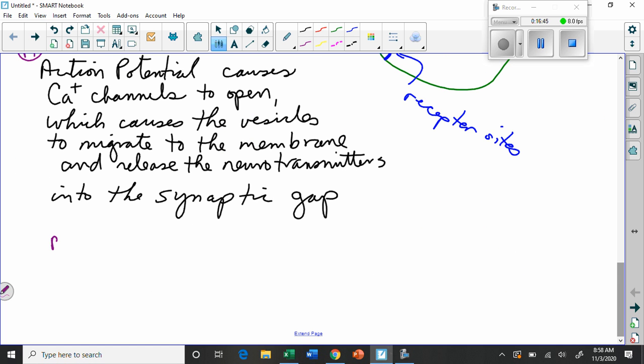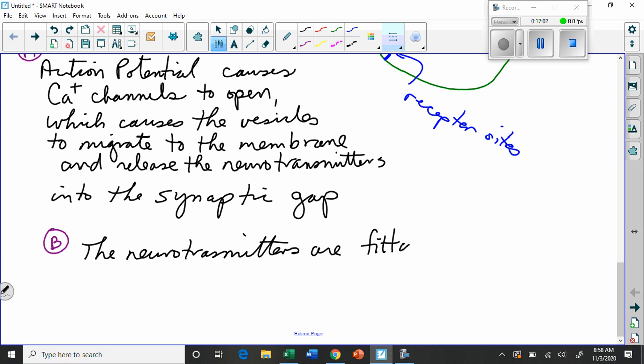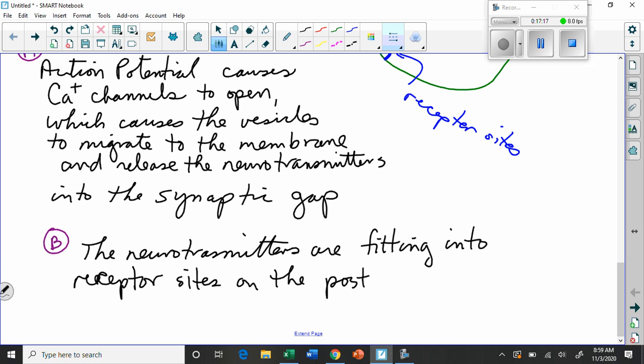So what's happening in B, the neurotransmitters are fitting into receptor sites on the dendrite, or the postsynaptic neuron.